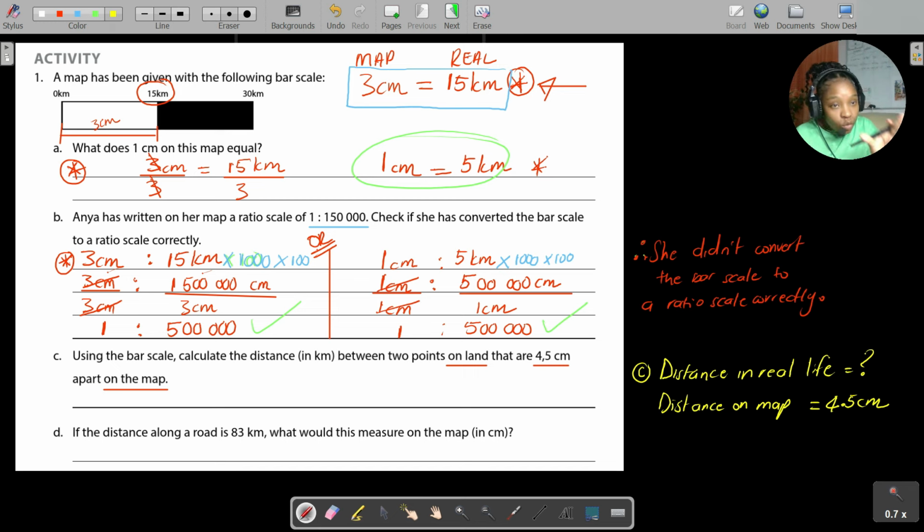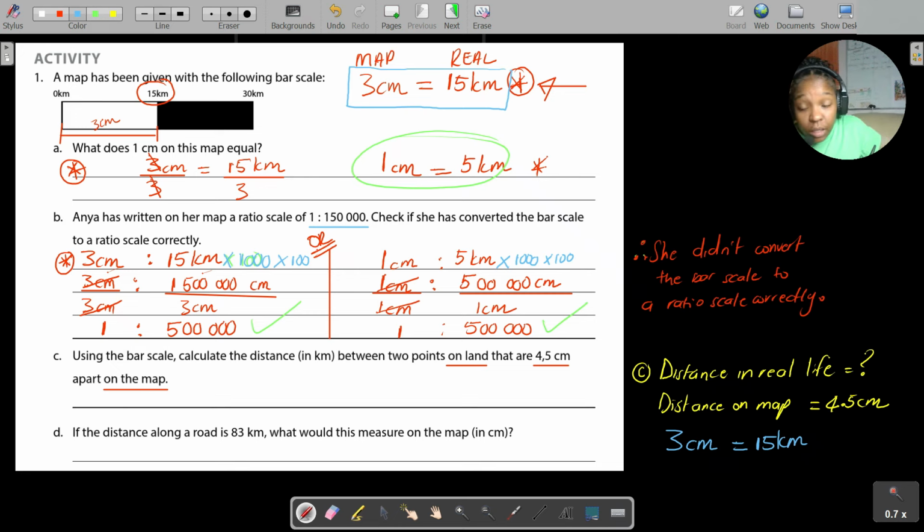Easy, because we filled in our information like that, all that we need to do, remember, what was our bar scale? Our bar scale was 3 centimeters is equal to 15 kilometers, or 1 centimeter is equal to 5 kilometers. Whichever one that you want to use, it's the same thing. Potato, potahto, we'll still get to the same answer. We don't have to panic.